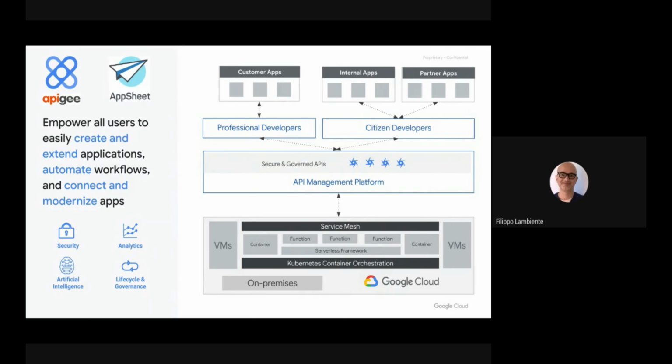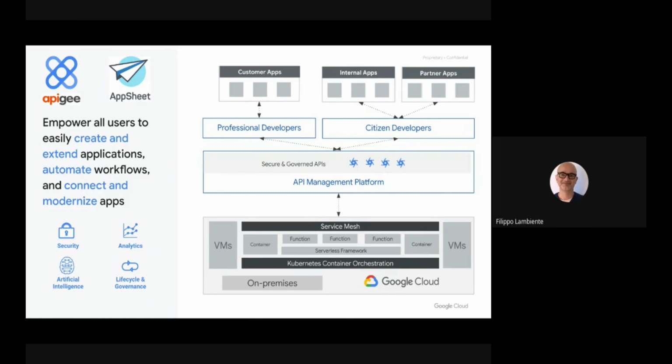It's very easy to create a web or mobile application thanks to AppSheet, but sometimes you need to leverage a backend system, for example SaaS services or other types of services.